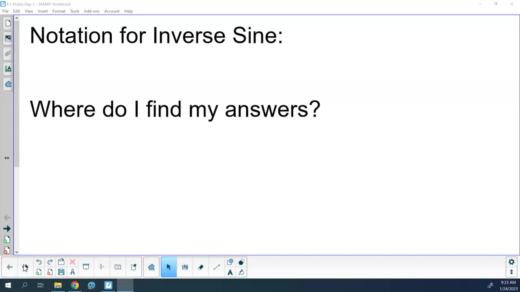All right. So on Friday of last week, we talked about inverse sine, and we said that the notation for the inverse sine was your classic inverse sine.